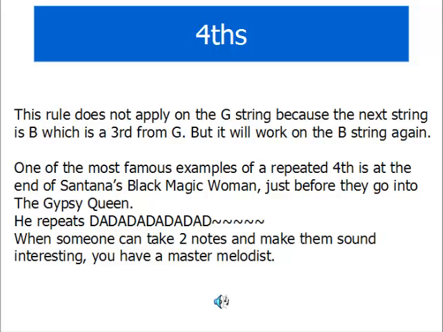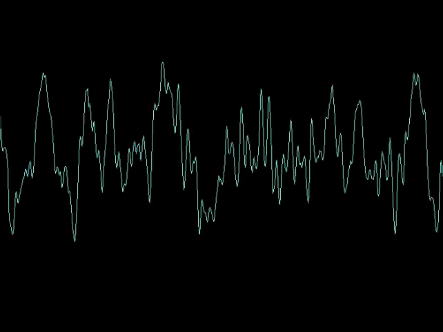One of the most famous examples in pop music is Santana's Black Magic Woman, where just before they go into the Gypsy Queen, the transition period, Santana repeats D-A, D-A, D-A, D-A, and it sounds like this. I'm going to play it on a WAV file here.